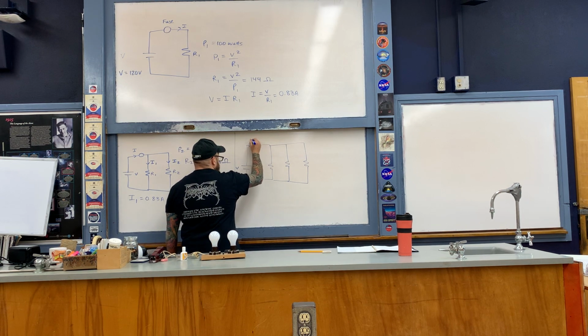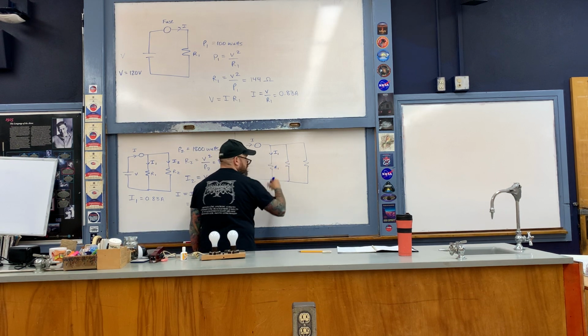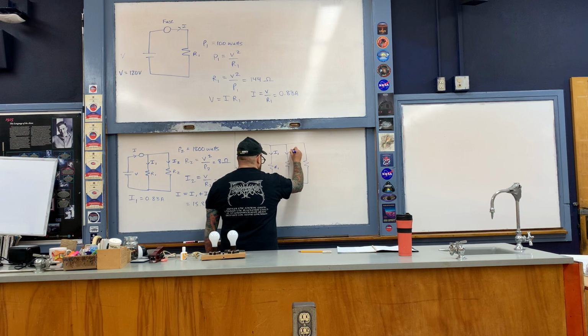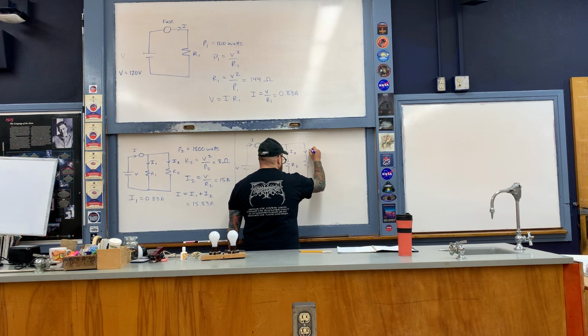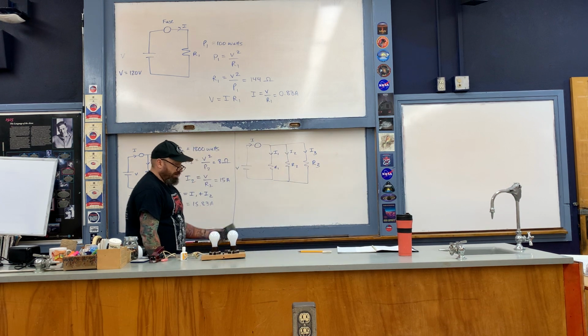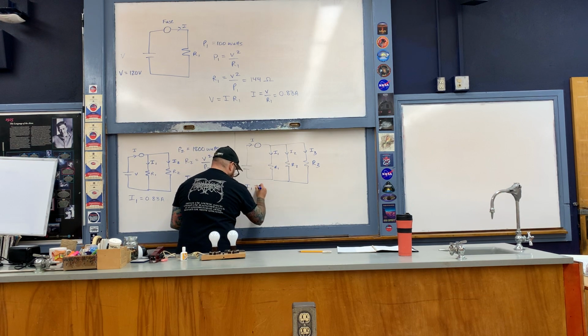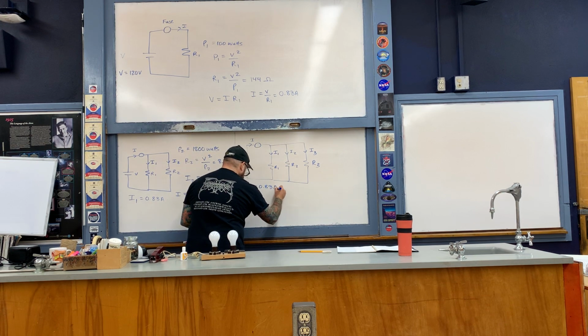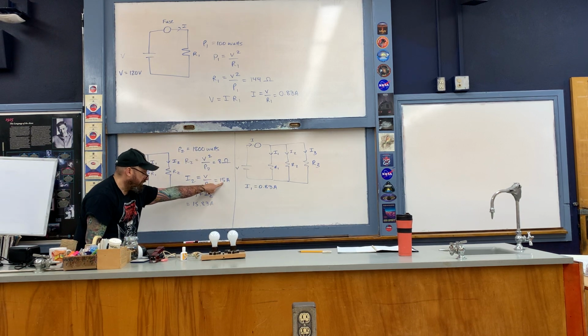Here's the current I. And now the current splits into an I1 through the light bulb, the I2 through the space heater, and now an I3 through the stereo. The I1 is the same as before, 0.83 amps. The I2 is the same as we calculated a few minutes ago, 15 amps.